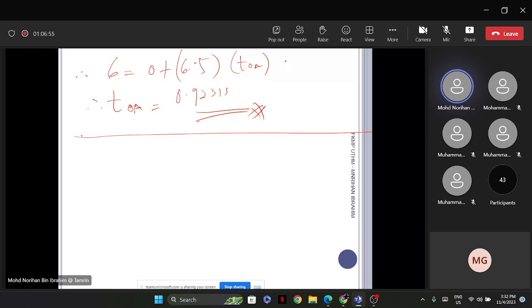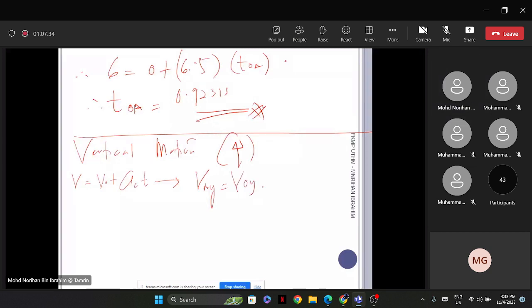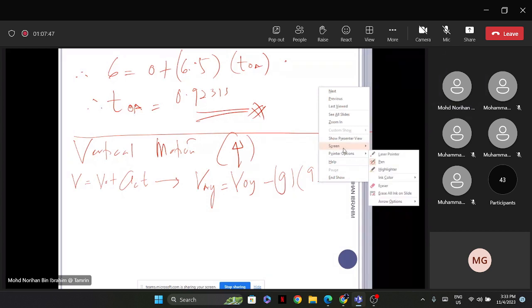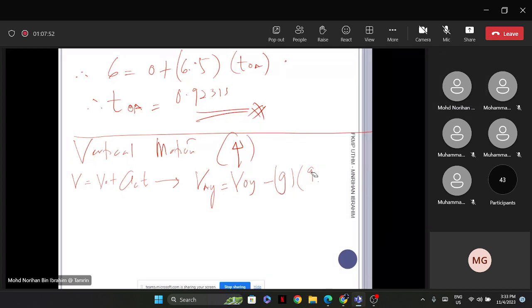Then what you need to do is consider the vertical motions. Consider the first equation of V is equal to V naught plus AT. So it becomes VAY is equal to VOY minus G TOA.